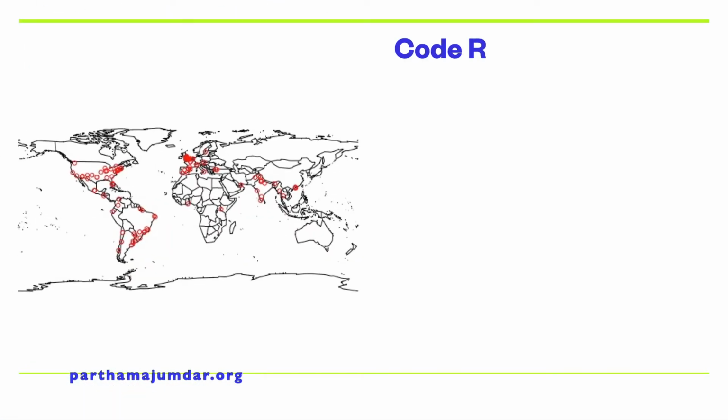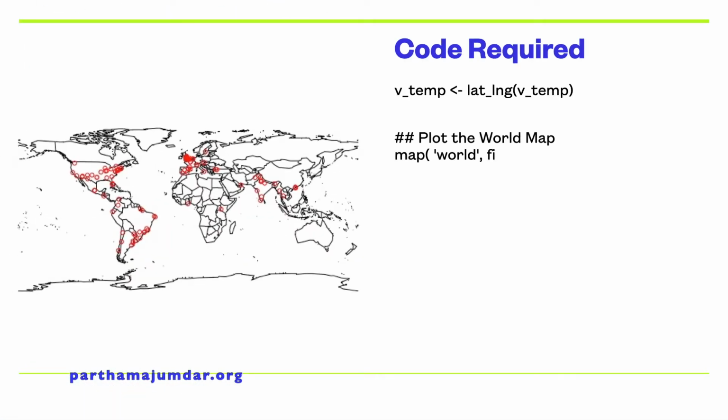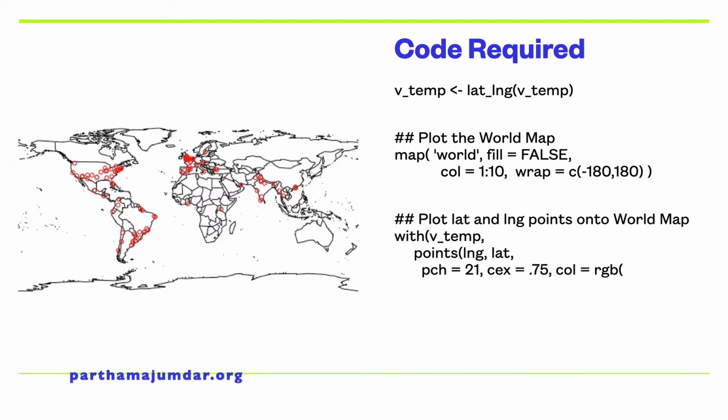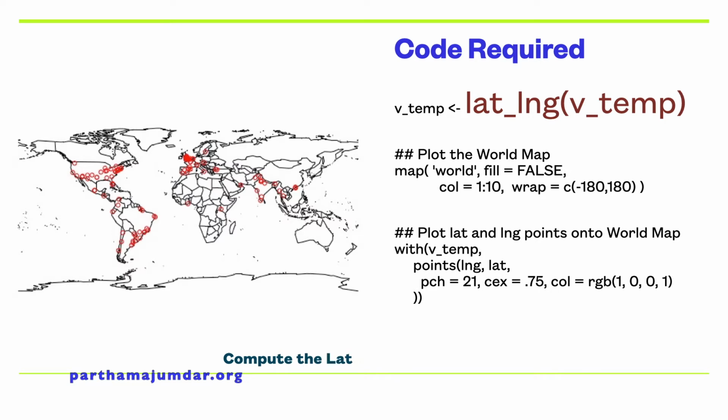So here we have the code that we will use. So let's go through this in slide details. First thing we have to do is compute the latitude and longitude. This is done by the function lat_lng. This function returns the latitude and longitude of the location from where the tweet has been made.